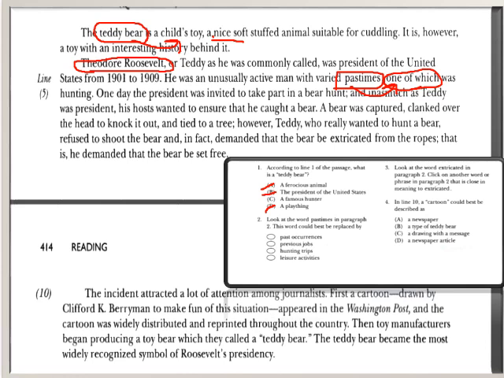Now, what is the thing that hunting is an example of? It is leisure activities. Hunting is a leisure activity. Leisure activity means an activity or a thing that we do in our free time. So this is the meaning, leisure activity.